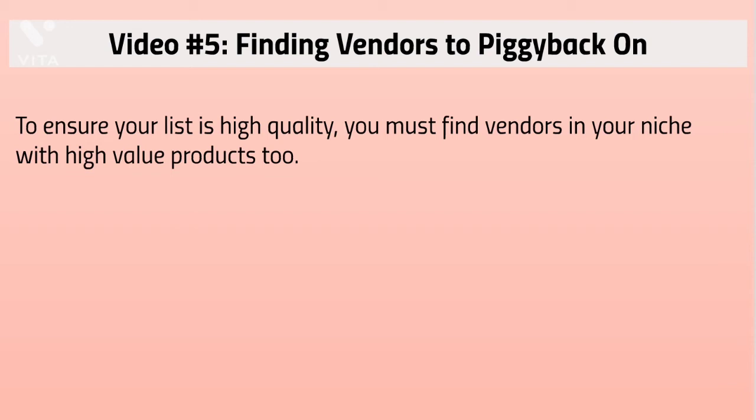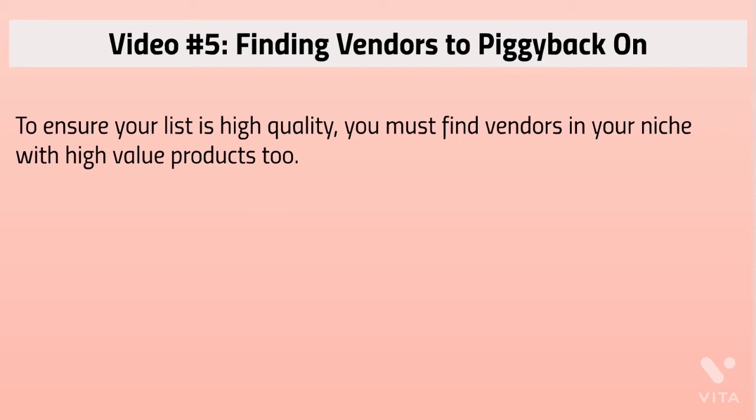So you want to make sure that you attract the customer that can resonate with them, but also resonate with you. If they're the type of person that is looking for high quality material and is willing to pay for high quality material, that's the type of person that you want on your list.